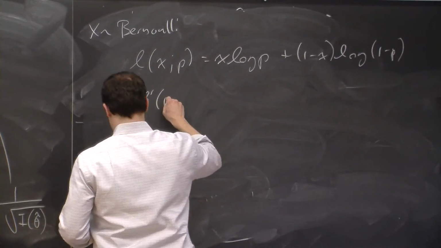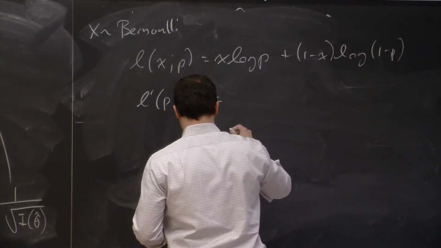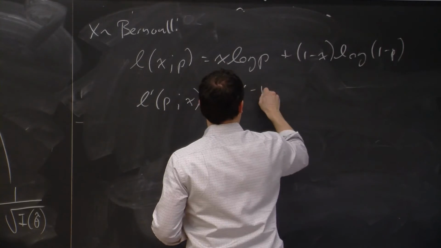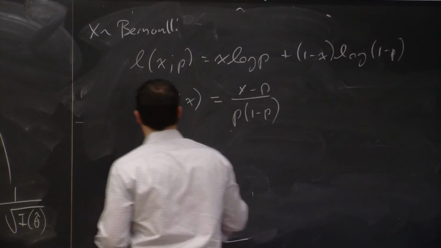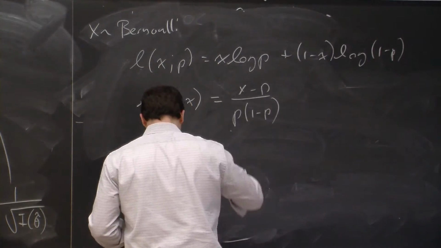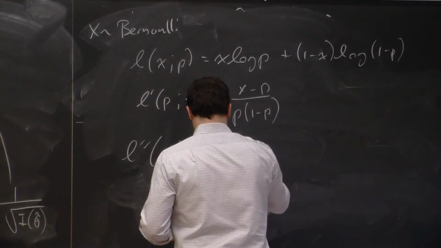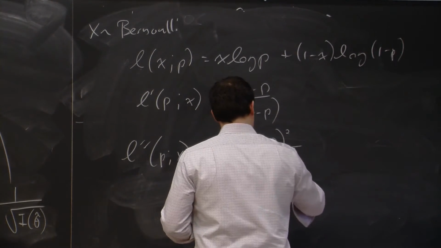L prime of p is (x minus p) over p(1 minus p). L double prime is minus (x minus p) squared over p squared (1 minus p).